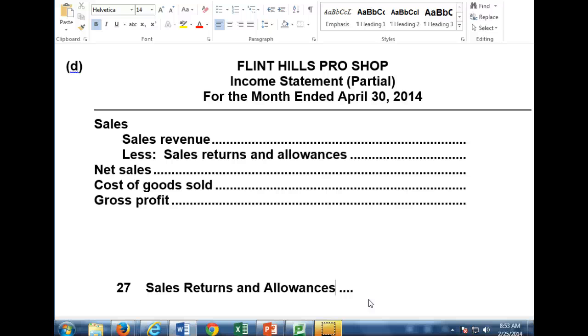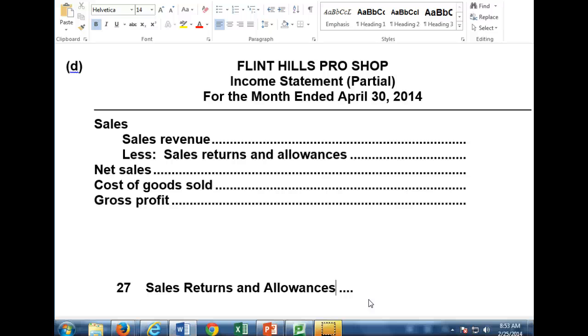So if we receive payment on account of 1220, we'll debit cash for 1220. What will we credit? Accounts receivable for 1220, right? Okay? Are those the last two transactions?